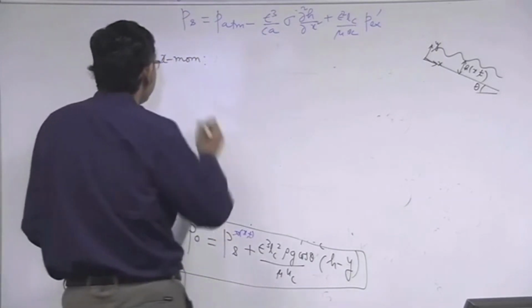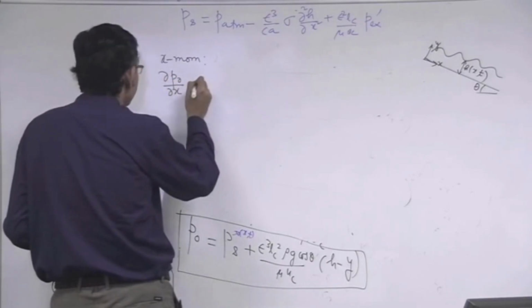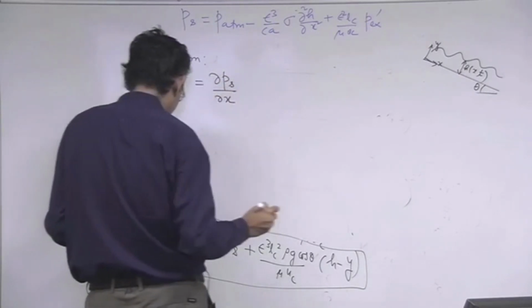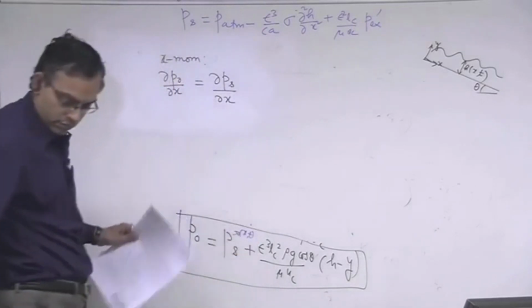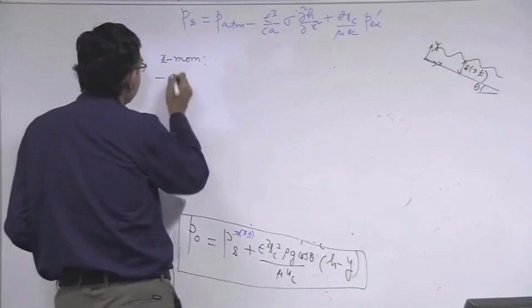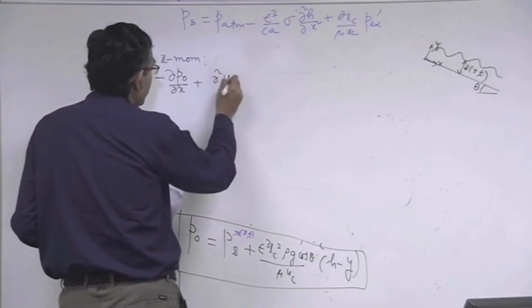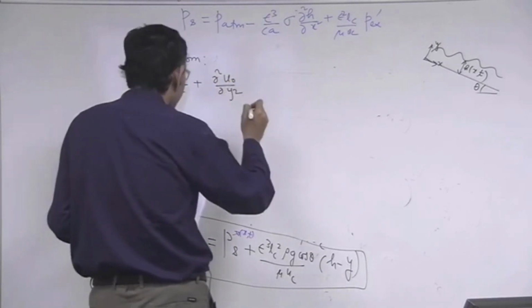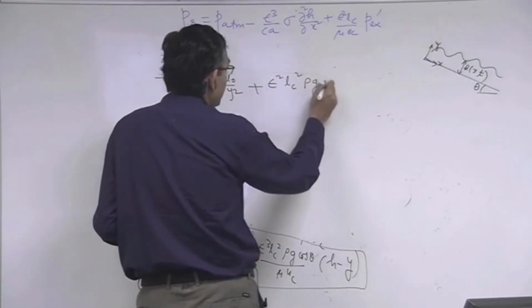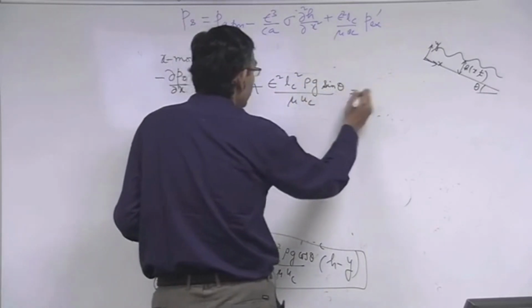So, x momentum: minus del p0 del x plus del square u0 del y square plus epsilon square LC square rho g sin theta by mu UC is equal to 0.